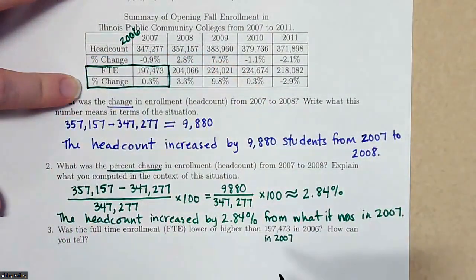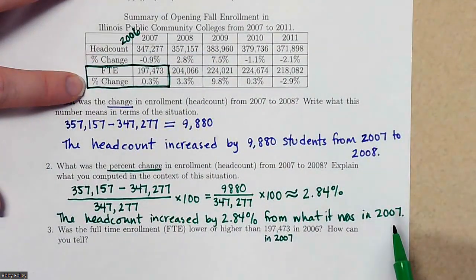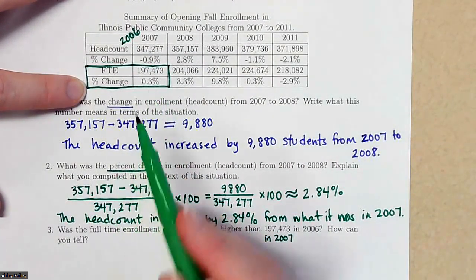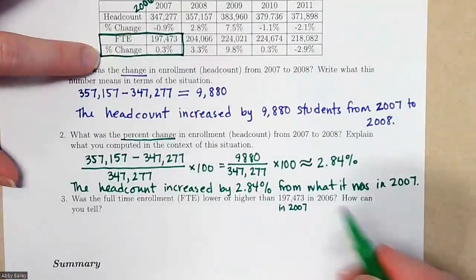So I'm kind of looking right here. If we were to compare it to 2006, and it was a positive percent change from 2006 to 2007. Let's write that down.